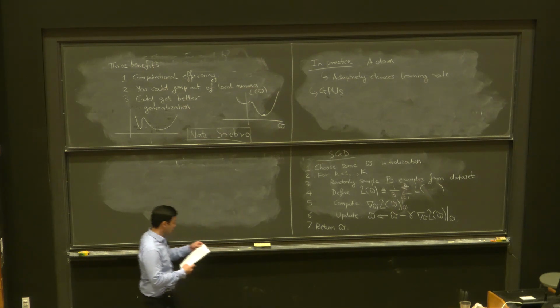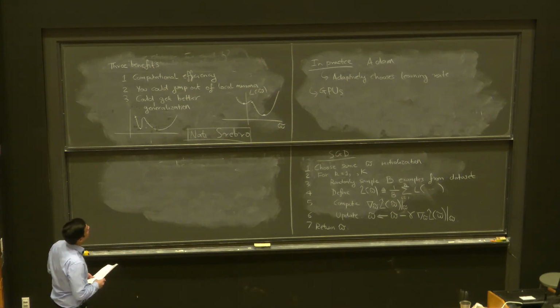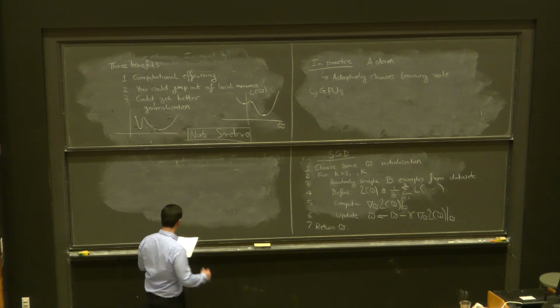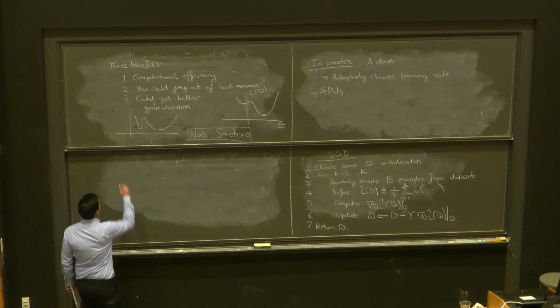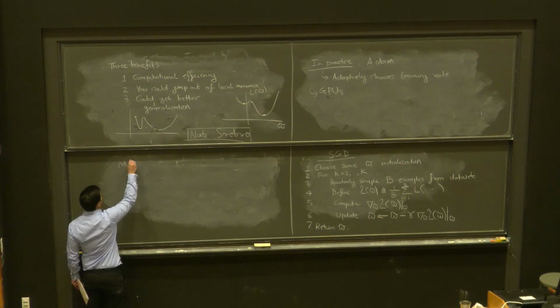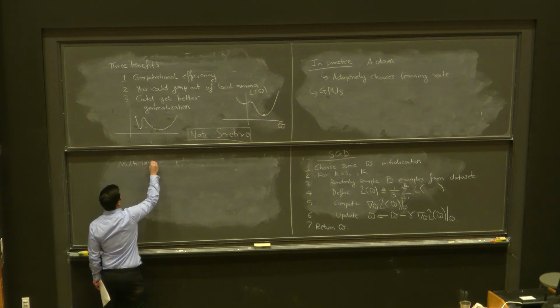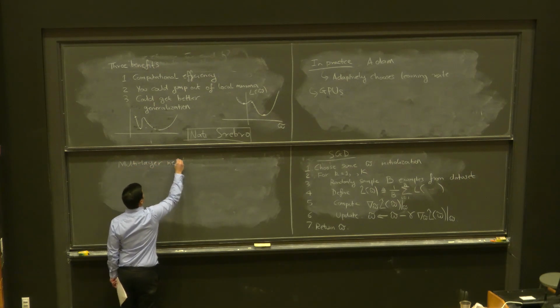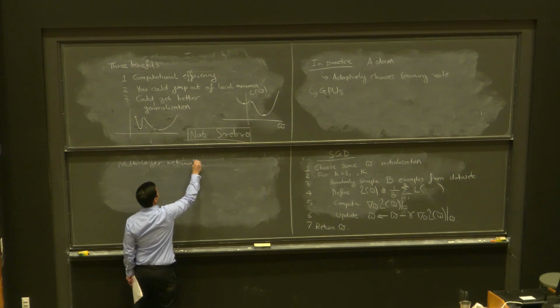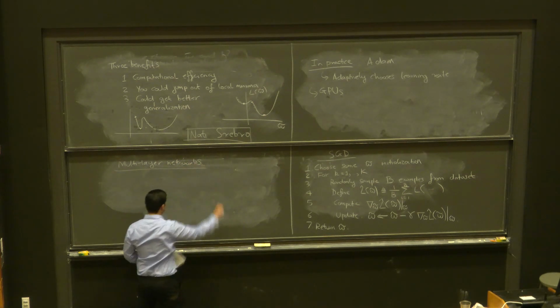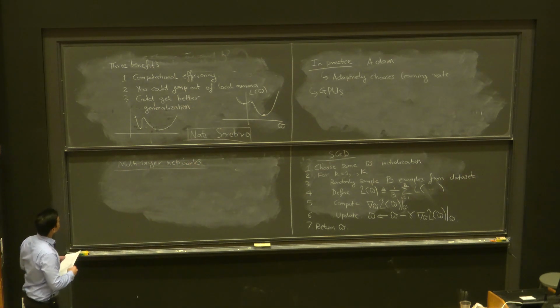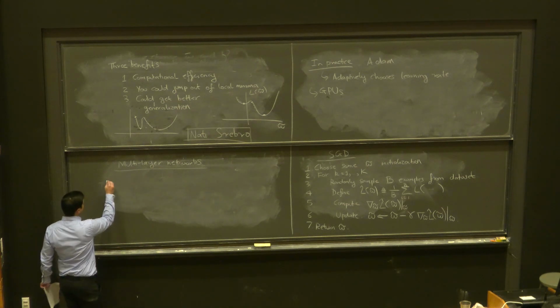Okay. The last thing I want to talk about, just a preview, we'll talk more about this later, is going beyond single layer neural networks to multi-layer networks. The basic idea is fairly straightforward.